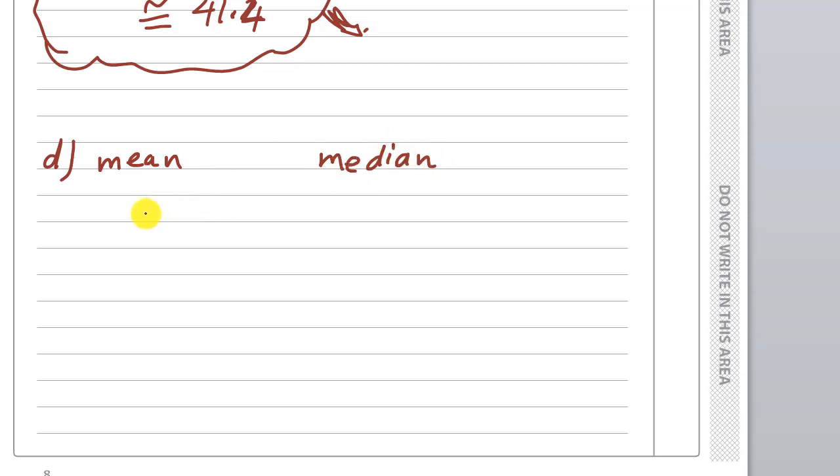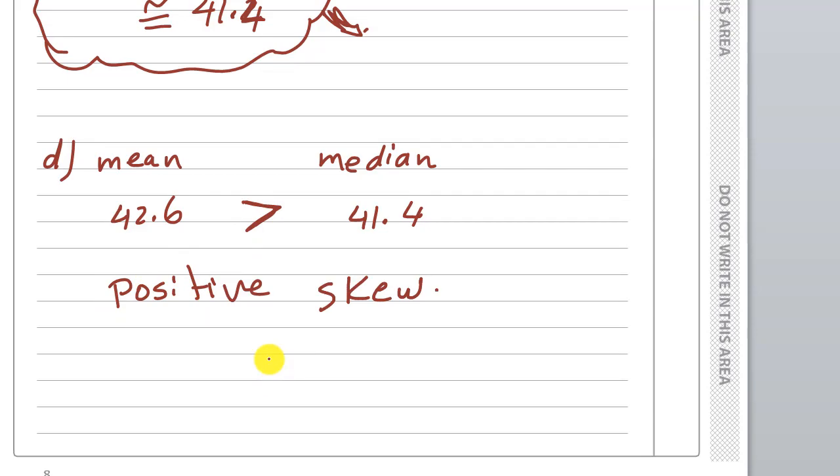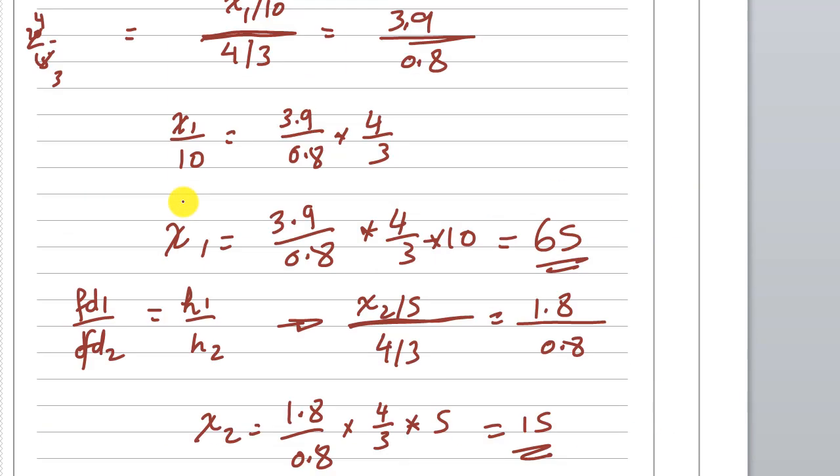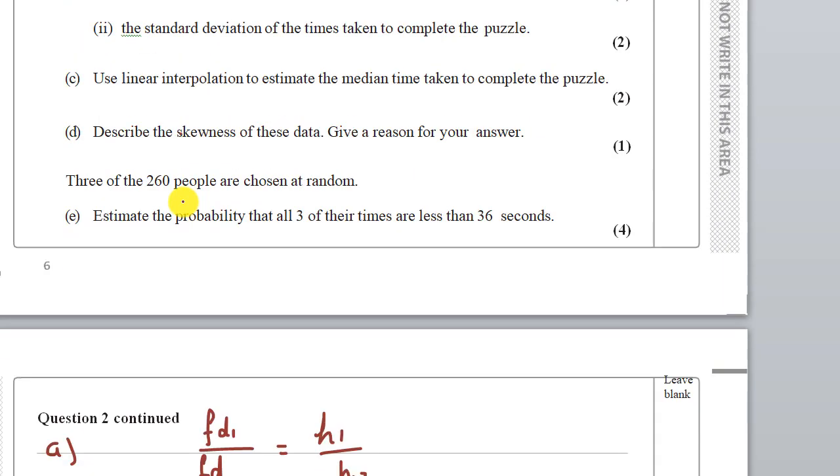The mean is 42.6 and the median is 41.4. So the mean is bigger than the median, so it is positive skew. Okay, let us go ahead to the last part of this question.